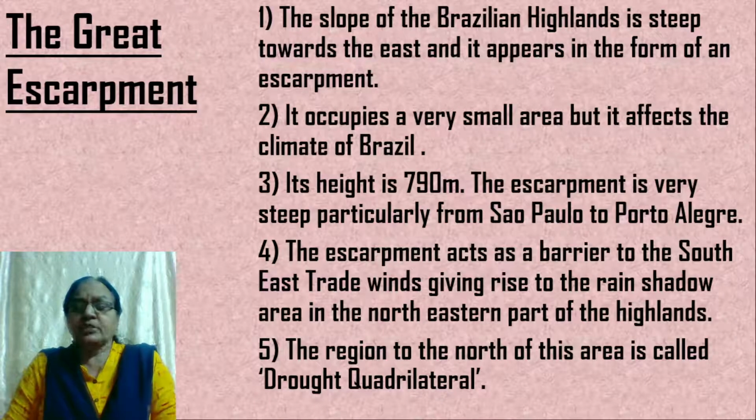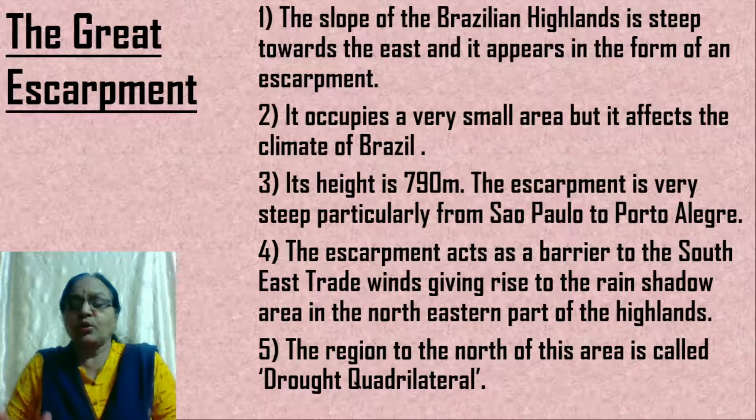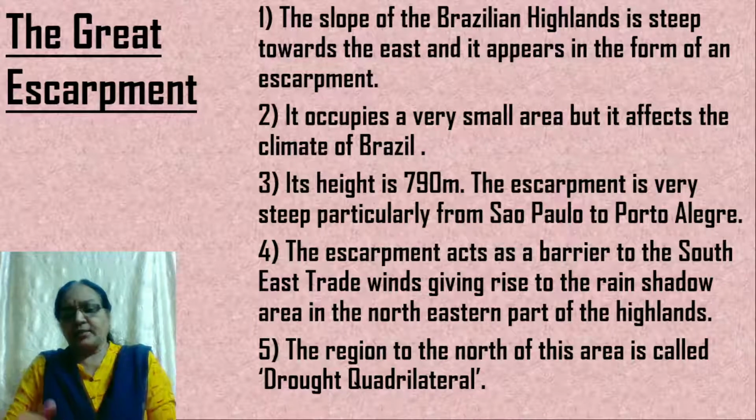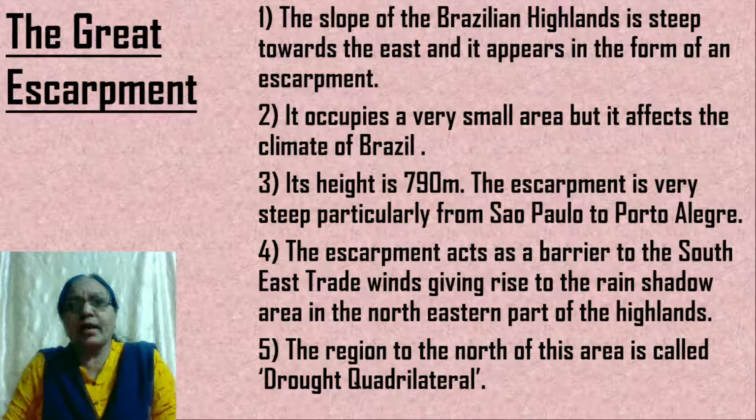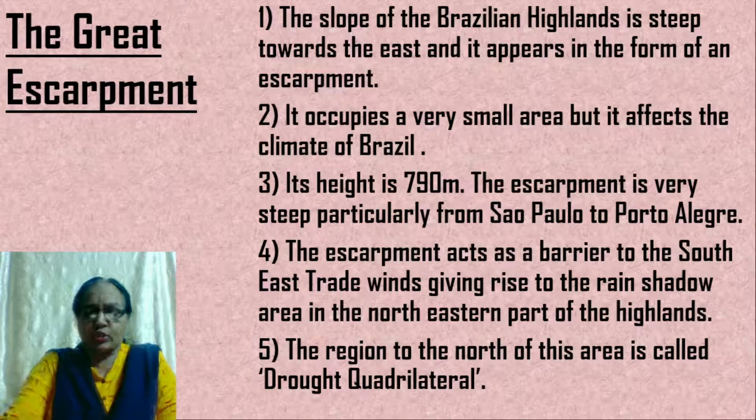The escarpment acts as a barrier, a hindrance to the southeast trade winds which move from the South Atlantic Ocean, and hence this results in the formation of a rain shadow region. And hence the northeastern part of the Brazilian highland gets very low rainfall. That's the reason why the region to the north of the Brazilian highland is known as the Drought Quadrilateral.